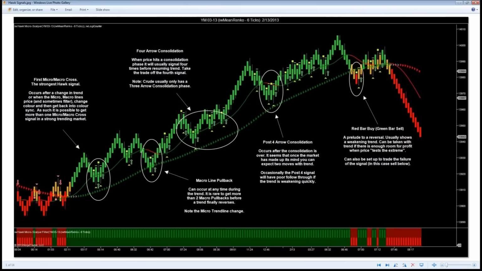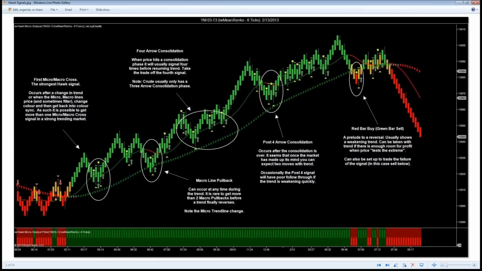After that, we have a macro pullback signal that we look for. And the macro pullback signal is essentially a signal that has moved back to the macro line, and it's very easy to identify because the micro line changes color. Again, very high probability signal. Then we also have our 4-arrow consolidation signal.